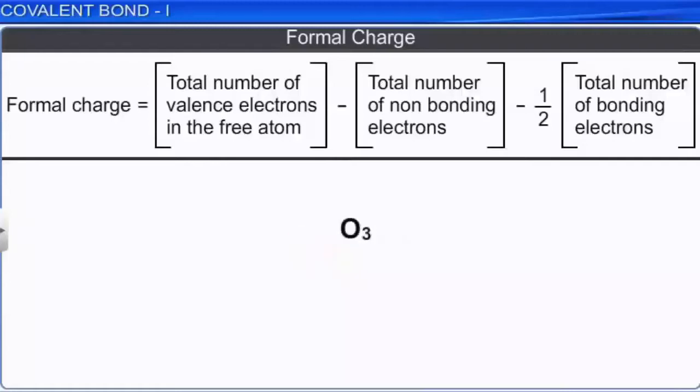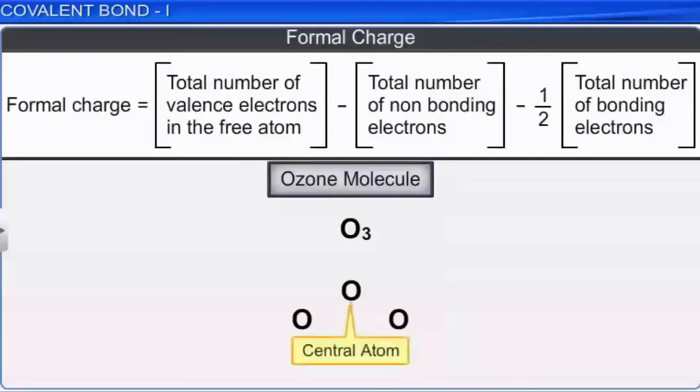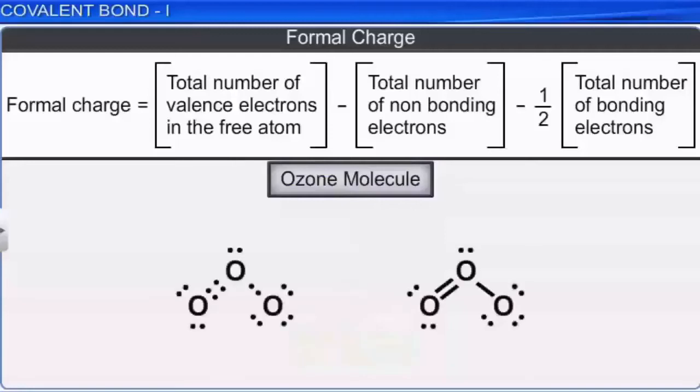Let's calculate the formal charge on the oxygen atoms in the ozone molecule. In the ozone molecule, 3 oxygen atoms are present. Of these 3, 1 oxygen atom acts as a central atom. This is the Lewis structure of the ozone molecule.